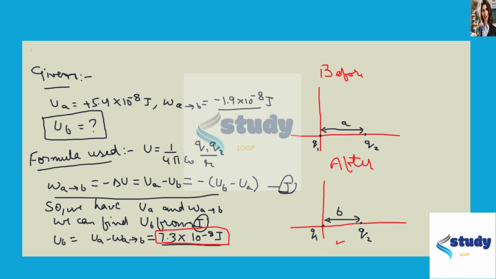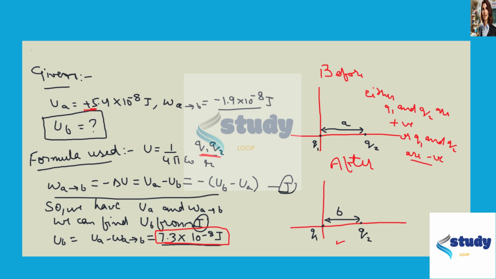One more thing we can comment on. When UA is given as positive, that means this has to be a positive number. So either Q1 and Q2 are positive, or Q1 and Q2 are negative.